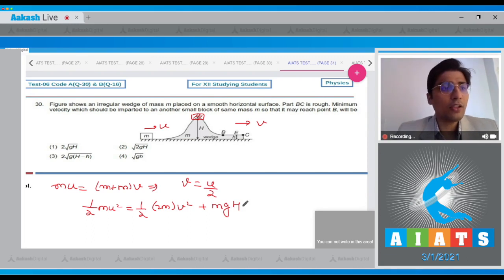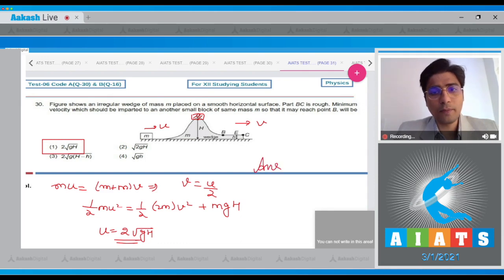Now substituting the value of v as u by 2, we get a value of u to be equal to 2 under root gh. And hence for this question the correct answer would be option number 1. Now let us solve question number 31.